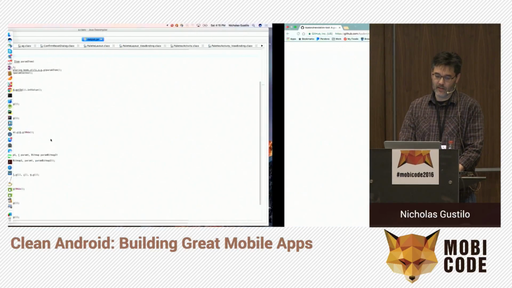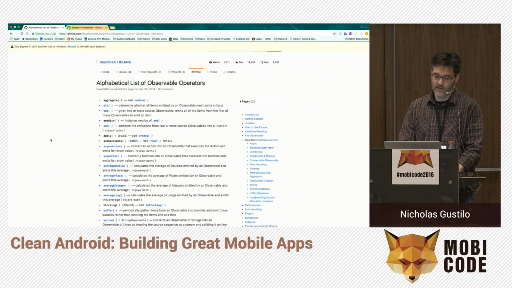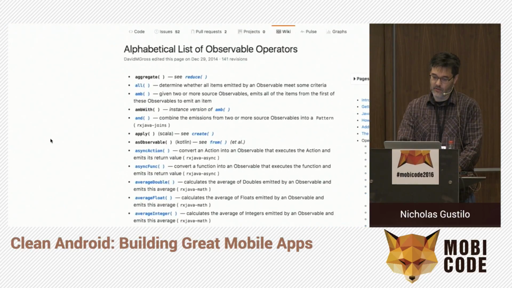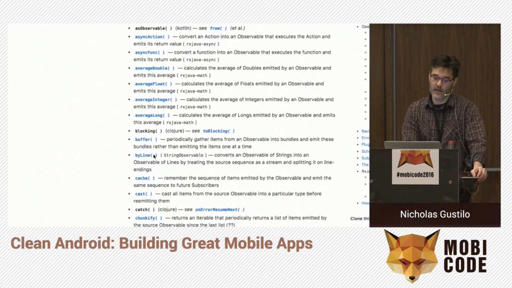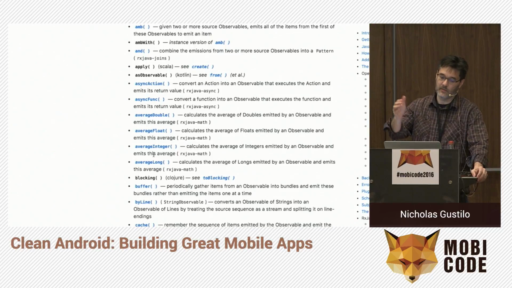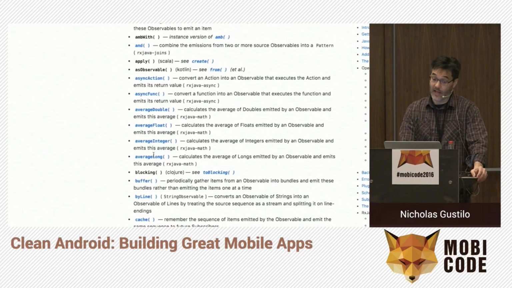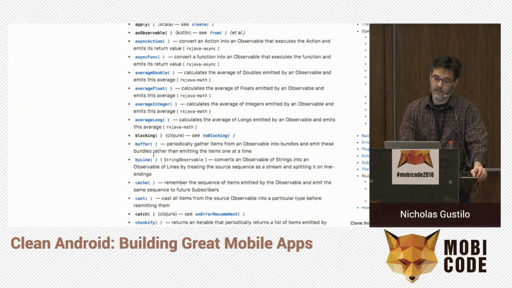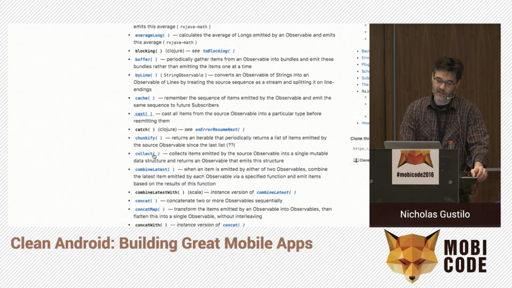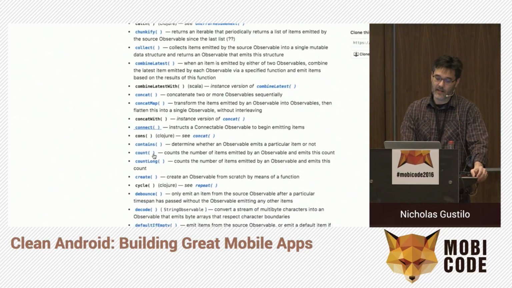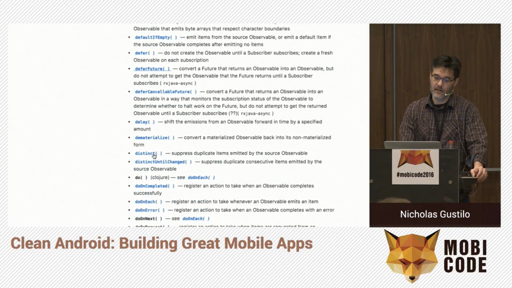Let me show you the list of operators that are available, because it's a large list, to give you a better sense of what you can do with Rx. This is just a list of the things that are available, and you can see there's a lot you can do. You can average, you can block, you can buffer, you can cache, you can collect, you can concatenate.